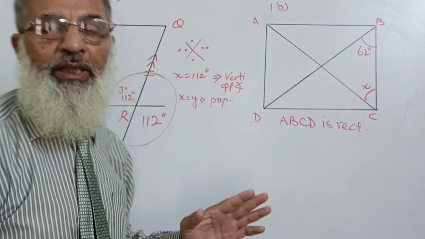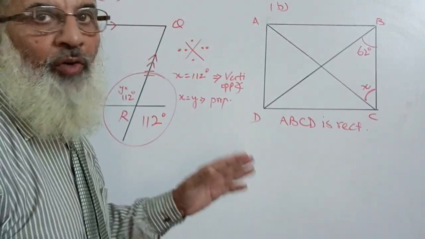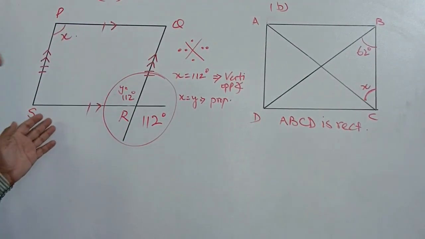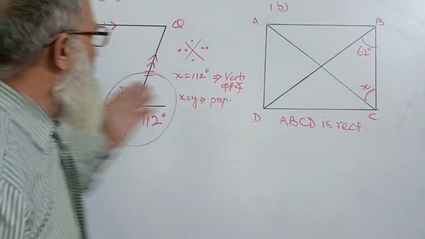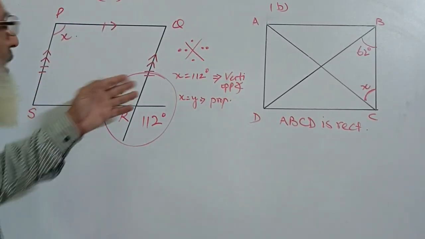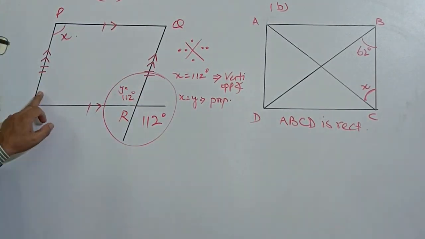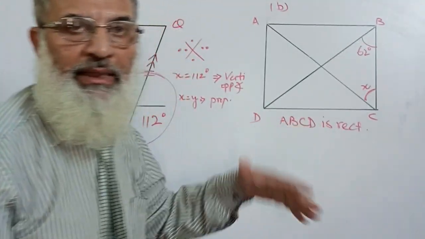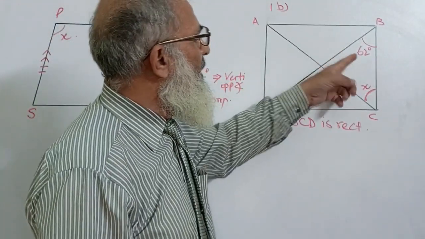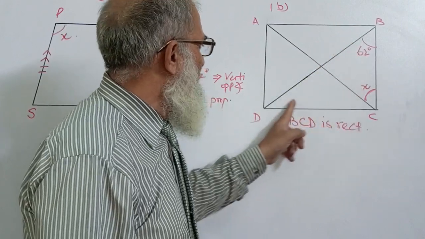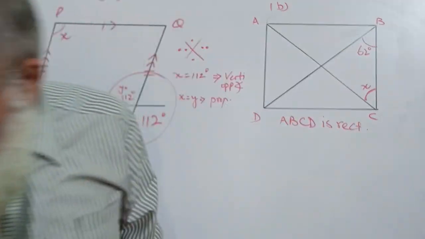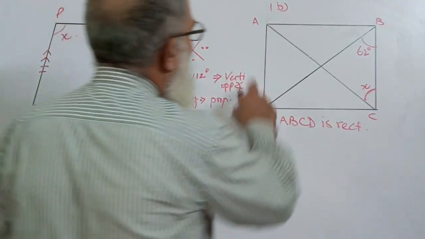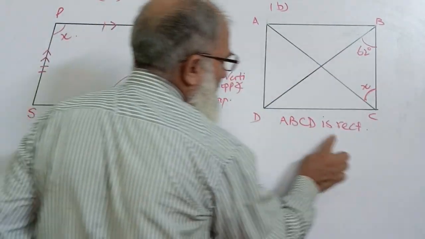This was the unique property of the parallelogram, because in every parallelogram there are not 90 degree angles, but there is one parallelogram, as I told you, that was the rectangle, which has all the angles equal to 90 degree. Now there is a property of this rectangle ABCD.